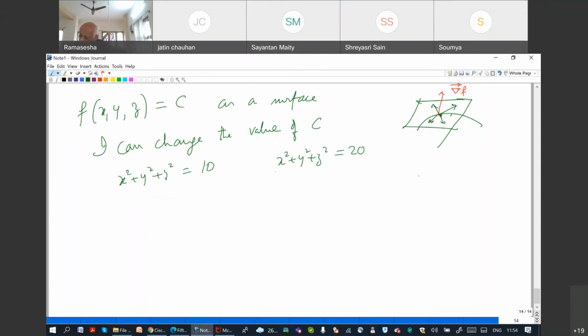Which means the following: I have one sphere here, another sphere here, and a third sphere here.